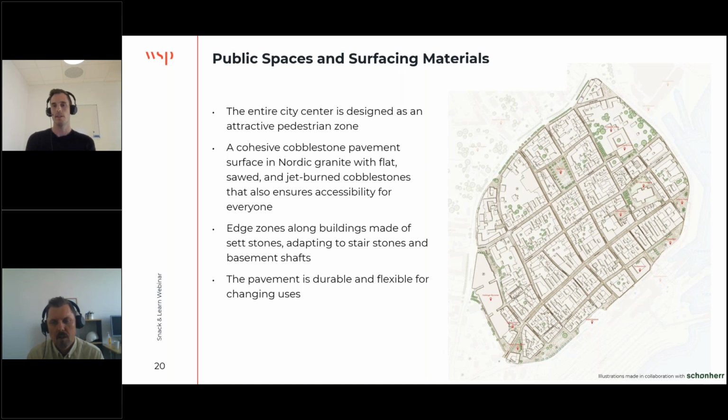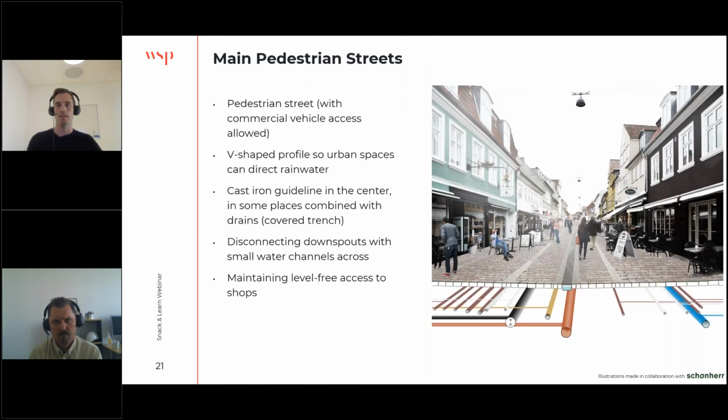So it fits better into this traditional old city center. But in order to make it function as a modern city, it's flat and sawed cobblestones, so it's not wobbly when you drive on it with a wheelchair, for example. So I'm going to show you a picture of that in a few minutes.